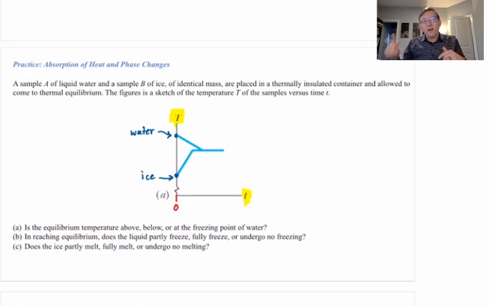As a result, as the clock ticks away, little t, the temperature of the water starts to go down. That's this part of the graph right there. And the temperature of the ice starts to go up. That's that part of the graph. Note, if you look carefully, that those two line segments have different slopes, different rates of change of the temperature.